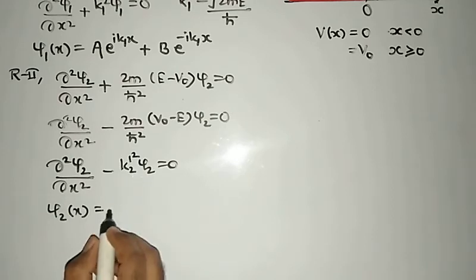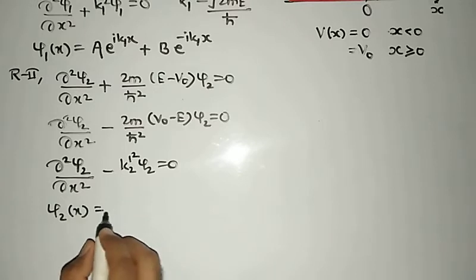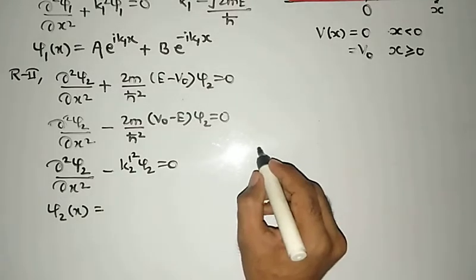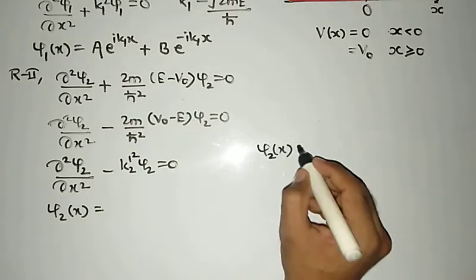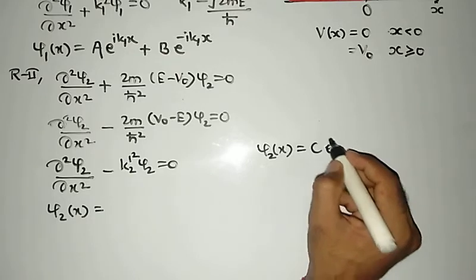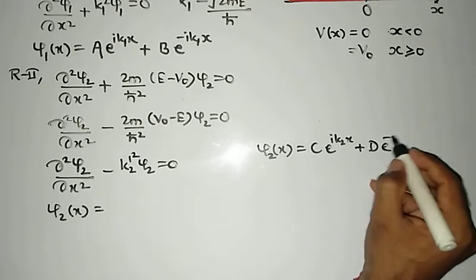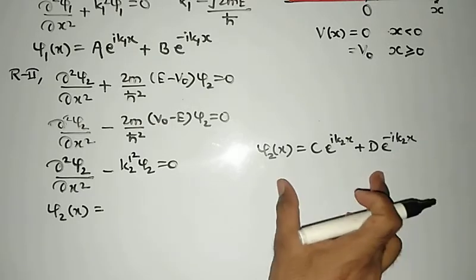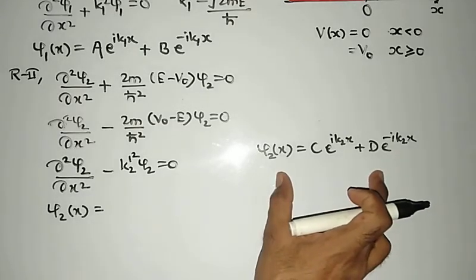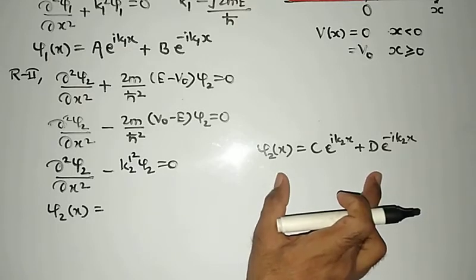I want to show you more clearly. First, roughly some part. In case first we saw that the solution was c e to the power i k2x plus d e to the power minus i k2x. You must have seen that video.